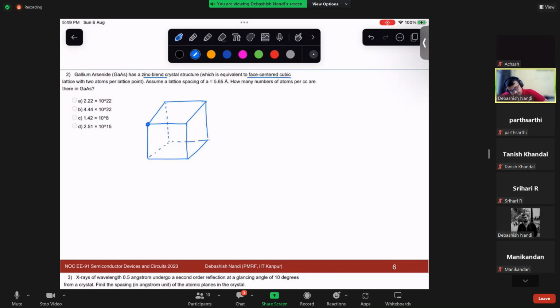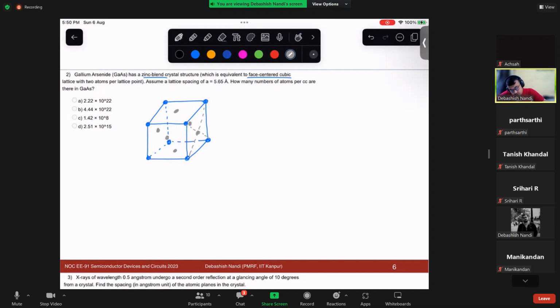It has 8 corner atoms and 6 face centered atoms. These are nothing but the diagonal intersection locations.